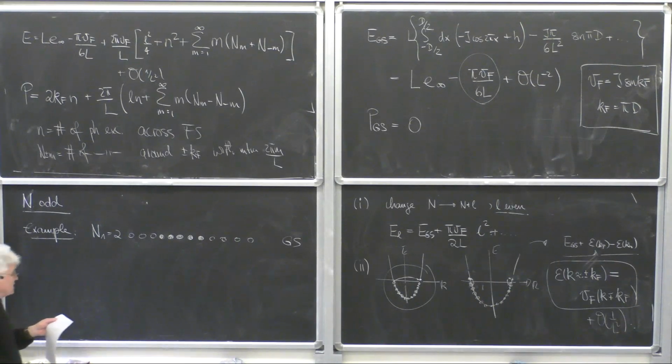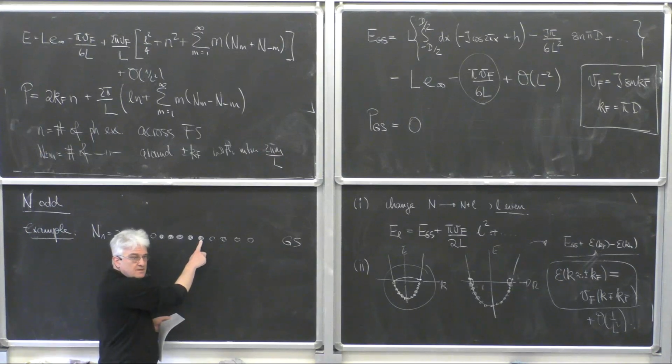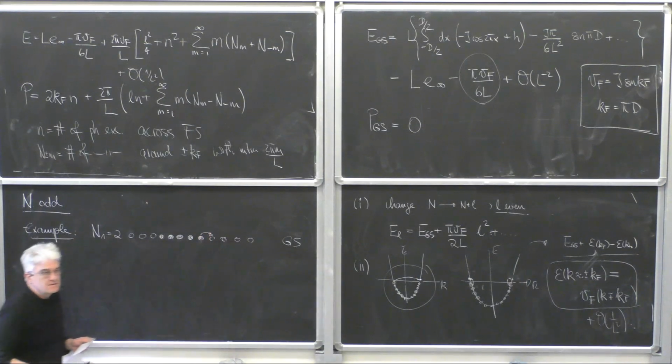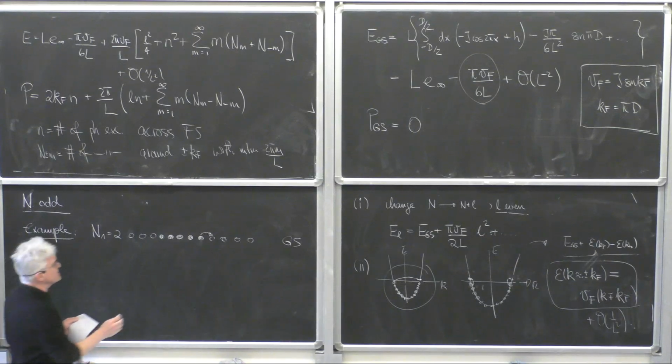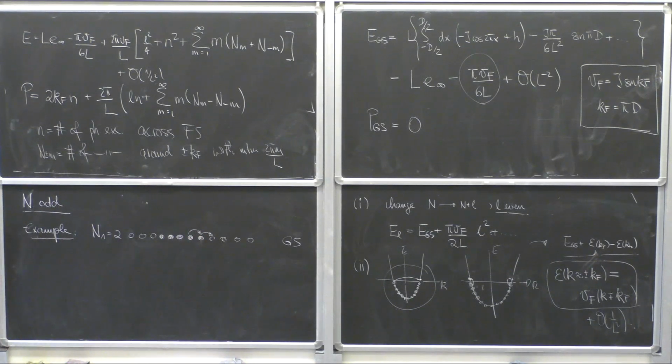Okay? Now I consider an excitation where I first move this fermion, so the fermion with this momentum, by 1. So I give it a little bit more momentum. And after that, I move this chap here. So that means I've made 2 particle-hole excitations where I have shifted the momentum by 2π over L. Okay?